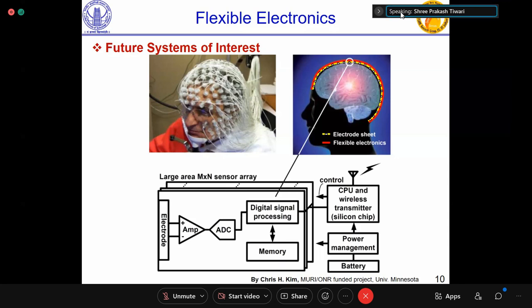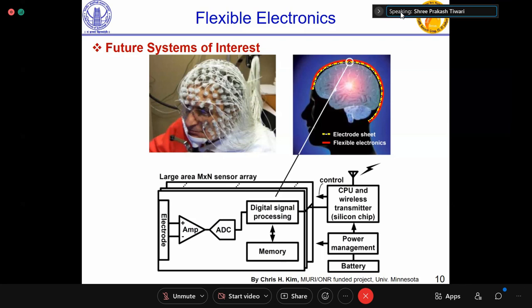Now imagine something which does not have so many electrodes and wires going on. You have a cap which is more like stretchable and flexible, and you can just have it directly on the head. And these wires will essentially be metal lines running on that cap itself.